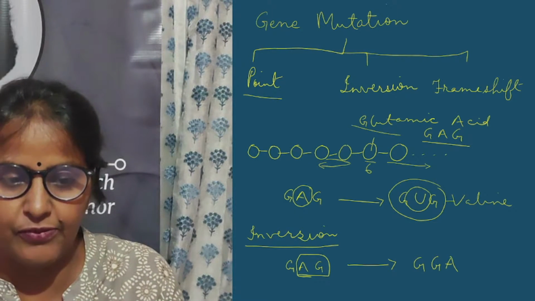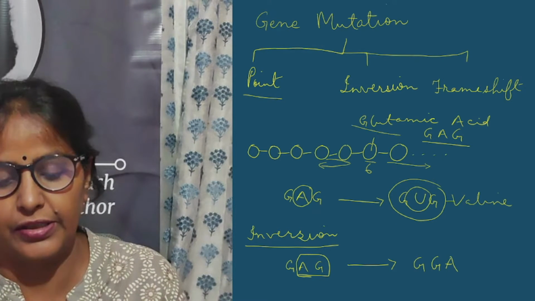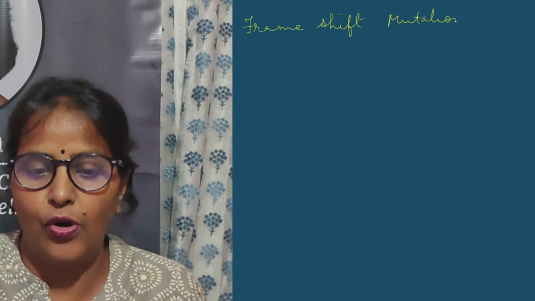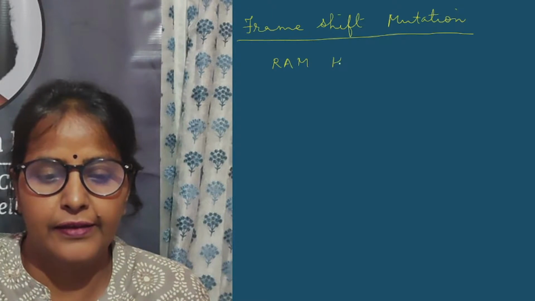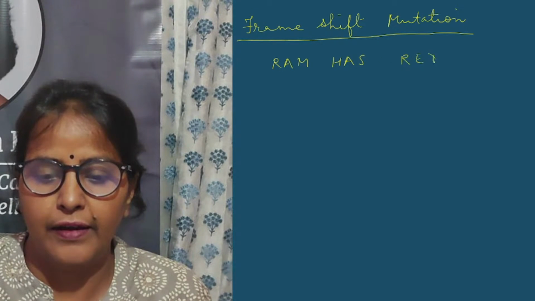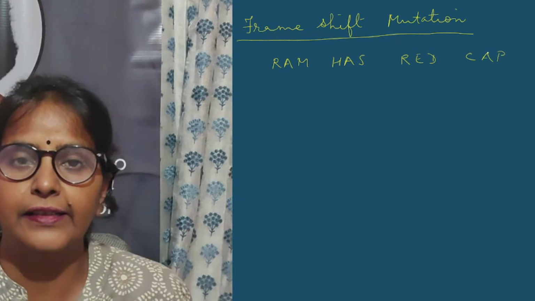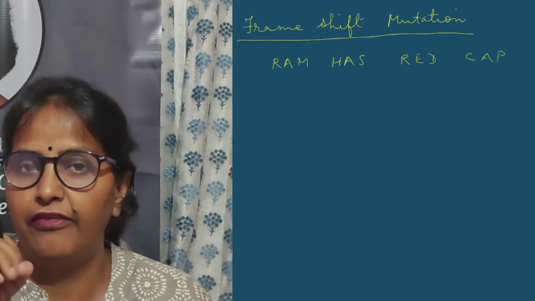Let us see frame shift mutation. This is somewhat different from point and inversion. In frame shift mutation, either addition or deletion can take place. Ram has red cap. We are taking a sentence where every word has three alphabets.